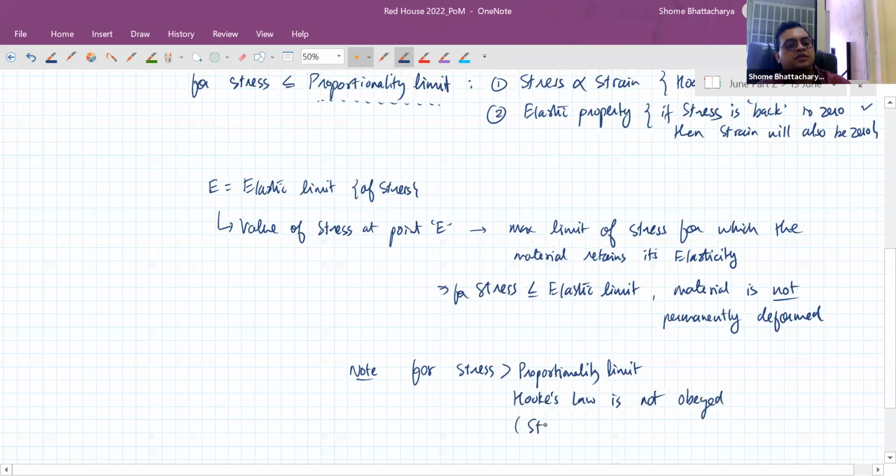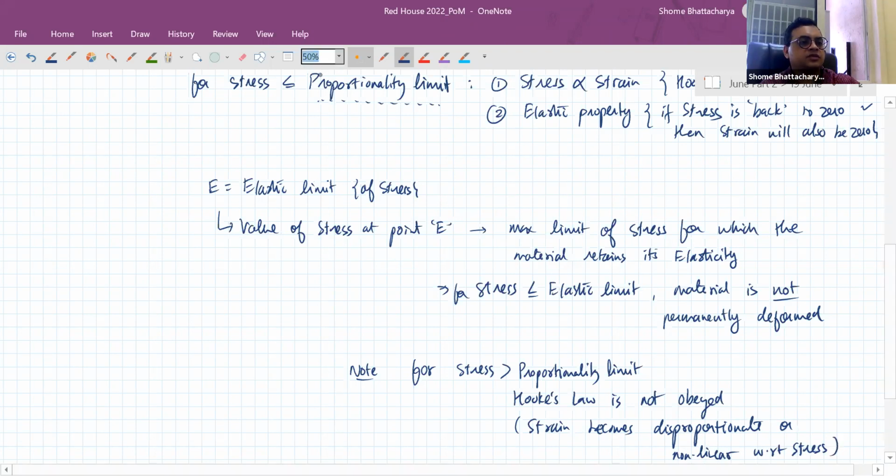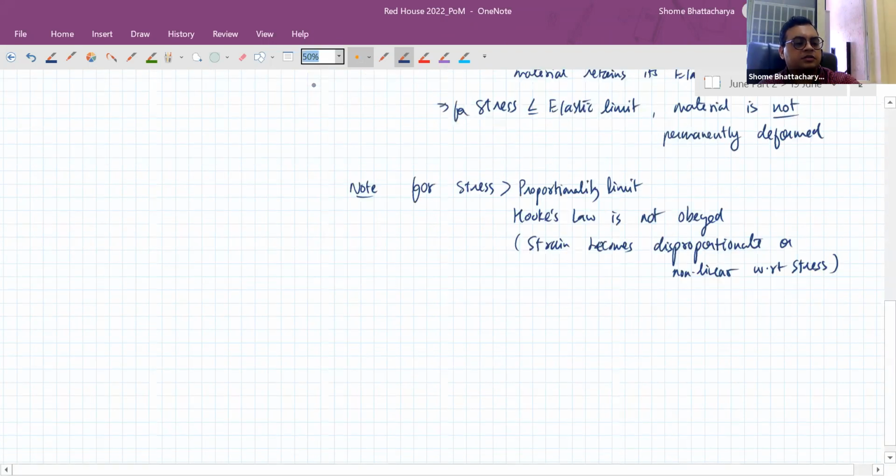That means the strain becomes disproportionate, or you can say non-linear with respect to stress. So that is the significance of this other point, which is the elastic limit.